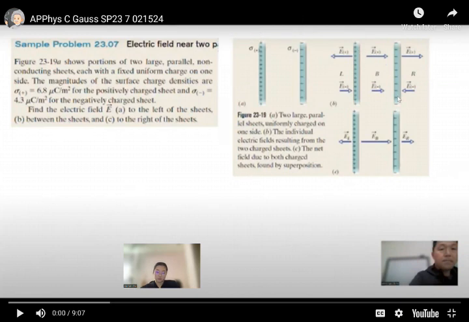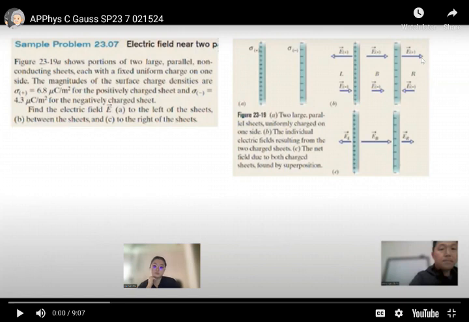So you have two parallel plates. If you add the electric field from the positively charged plate and the field from the negatively charged plate, and those two plates are equally charged, then the field on the left-hand side of the positively charged plate is going to be 0.